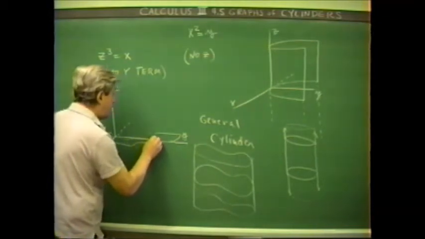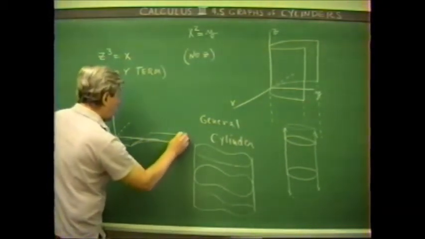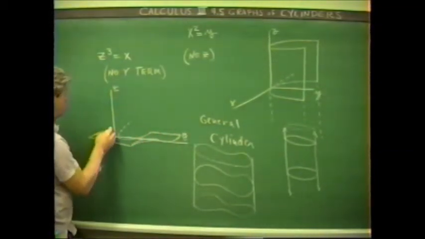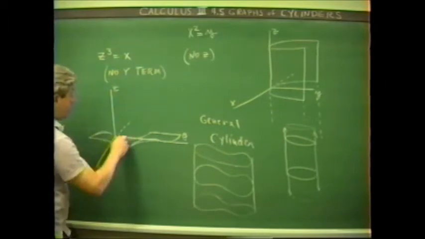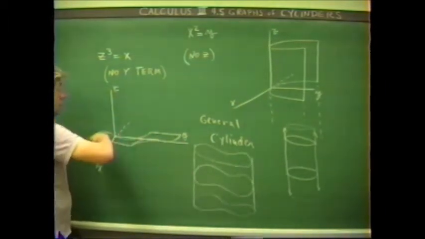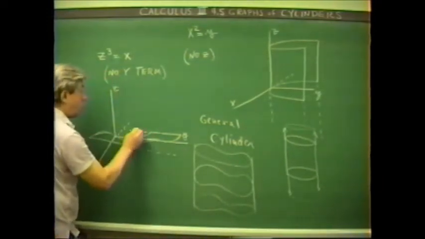Perhaps not so easy to visualize, but the graph comes below here like so and follows x is equal to z cubed. It's sort of a sloped cylinder where the cylinder extends in this direction here.